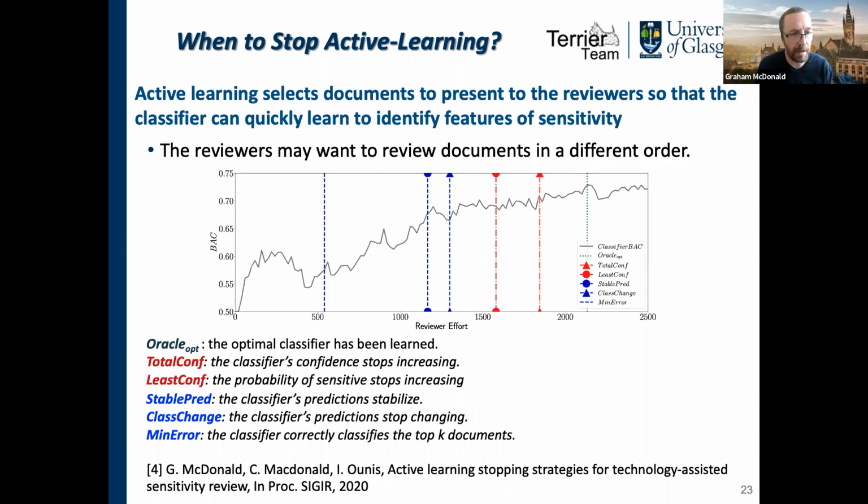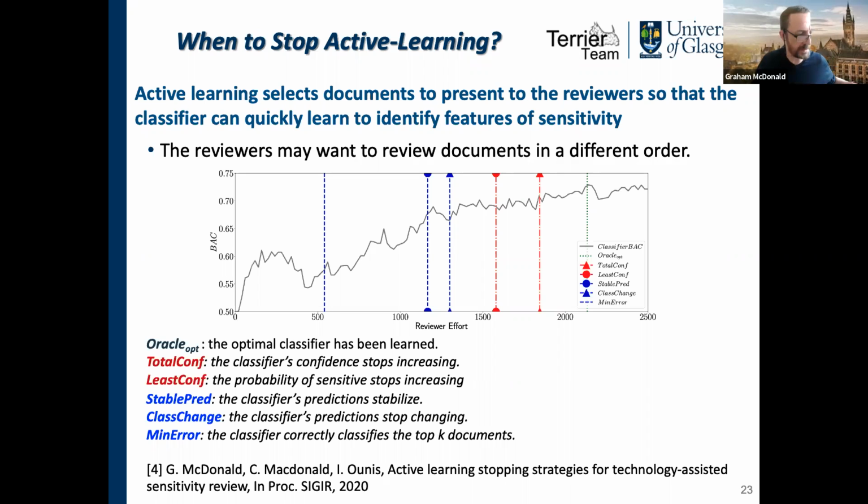By monitoring the confidence of the classifier at every iteration of the active learning cycle, once the confidence stops increasing for a certain number of iterations, it can be a good indication that it is time to stop active learning and switch to another strategy.